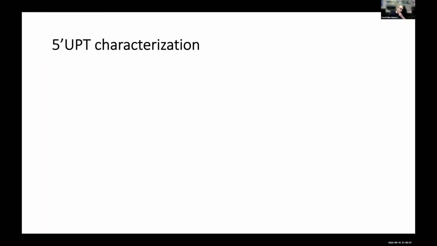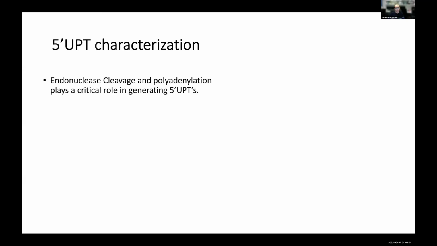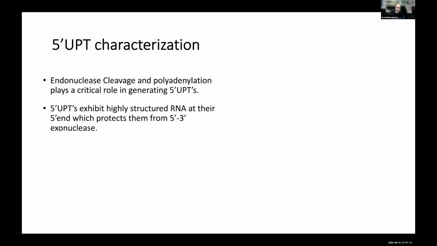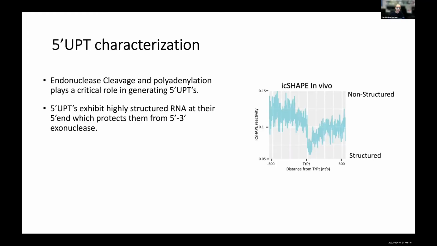So just a quick molecular characterization of 5' UPTs. In line with the previous study, we found that endonuclease cleavage and polyadenylation play a critical role in generating the 5' UPTs. We found that 5' UPTs exhibit highly structured RNA at the 5' end, which protects them from exonucleases like XRN1 or XRN2.